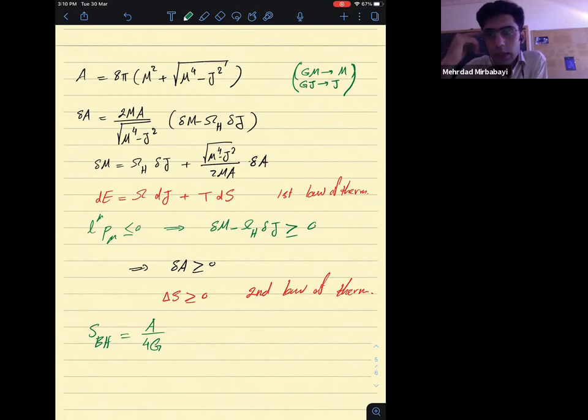They calculated the partition function for the Einstein-Hilbert action for gravity, and from there, once you have the partition function and temperature, you can derive the entropy. So that's another way of deriving this formula.